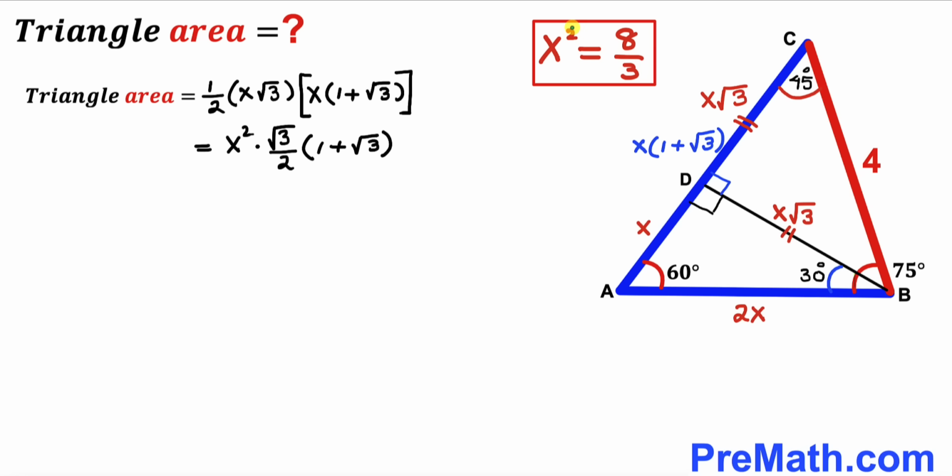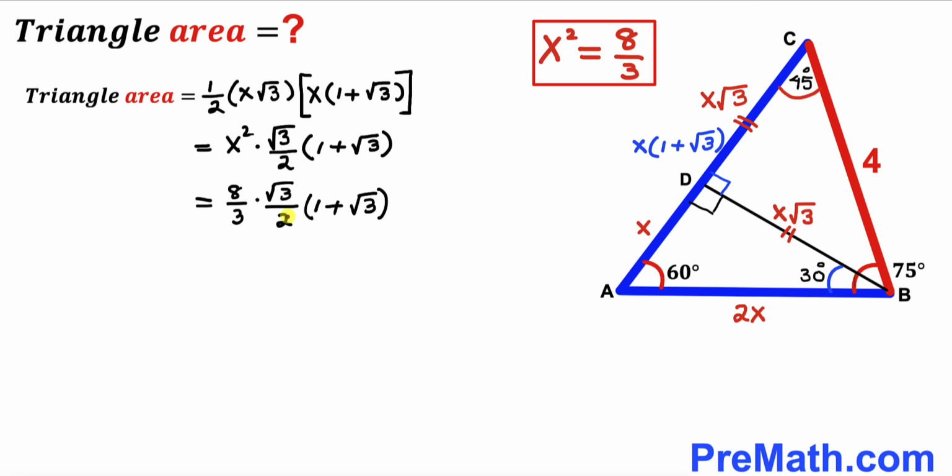Now we know our x squared value is 8 divided by 3. We are going to replace x squared with 8 divided by 3 over here. So we can write 8 divided by 3 times square root of 3 divided by 2 times 1 plus square root of 3.